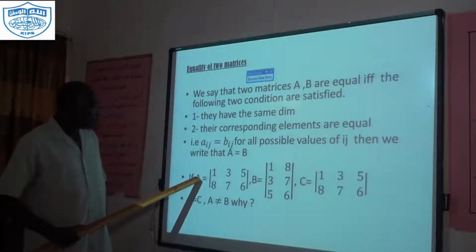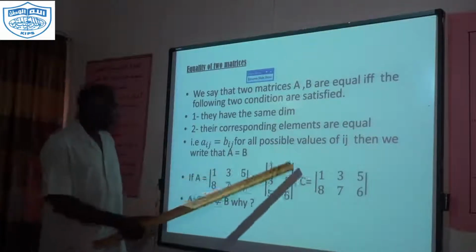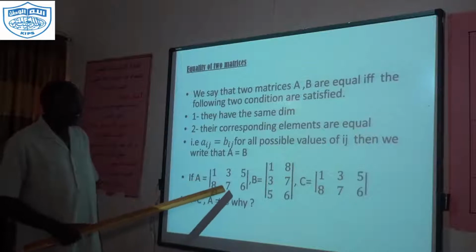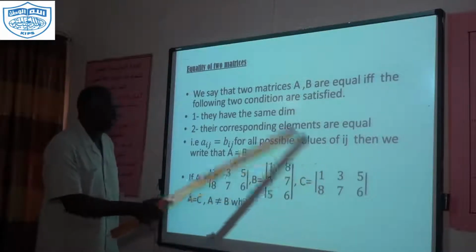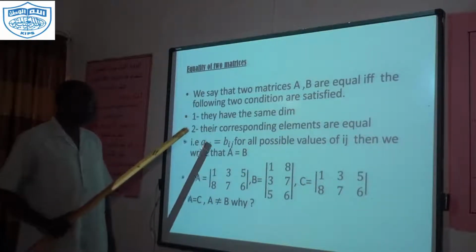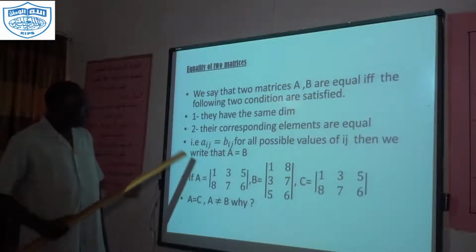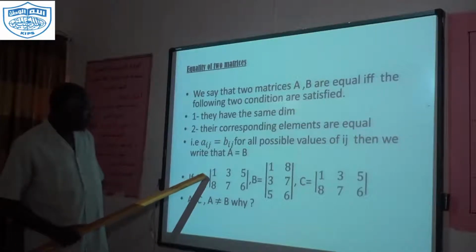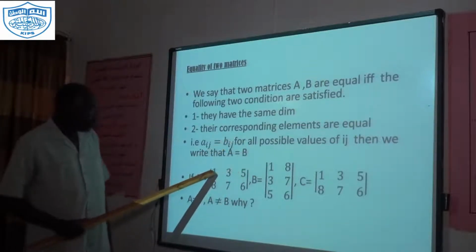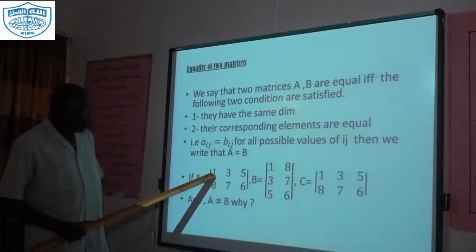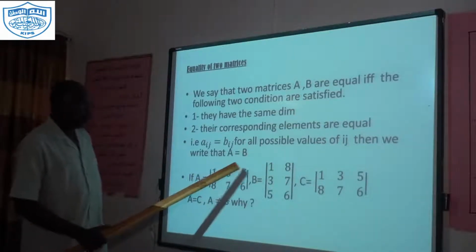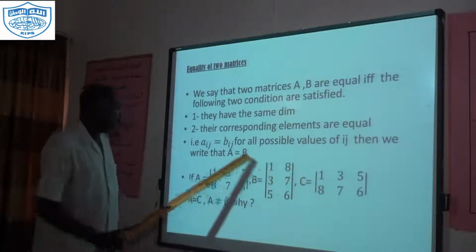Okay. What about A and C? A equals C? We can check the dimension. We find the dimension of A is 2 by 3 and the dimension of C is 2 by 3. Okay, the first condition is satisfied. What about the second one? The corresponding elements are equal. It means that any element here equals the corresponding element here. We have A11 equals C11. Okay. A12 equals C12, 3 and 3.